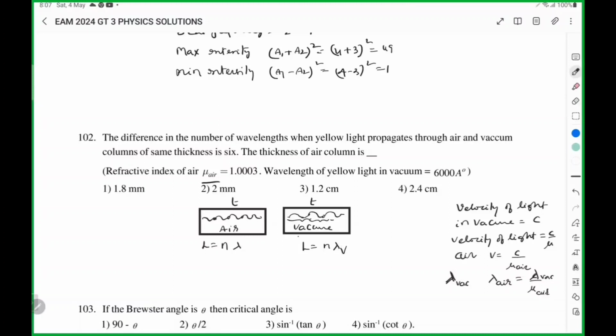According to the information, the difference is 6 waves of lambda in air. So (n plus 6) lambda in air equals n lambda in vacuum, which is lambda in vacuum by refractive index. So (n plus 6) by n is 1.003.